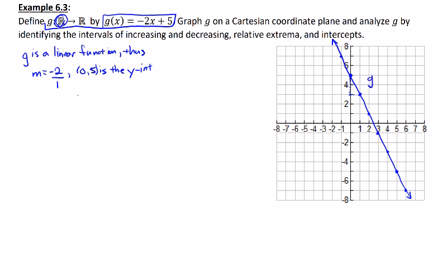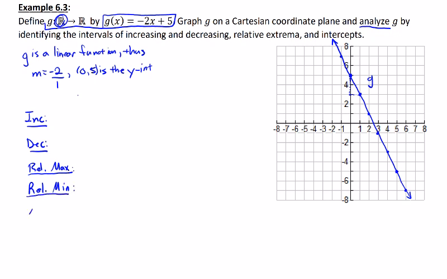So not only are we supposed to graph g on the Cartesian coordinate plane, but we're also supposed to analyze g by identifying the following things: intervals of increasing and decreasing, the relative extrema, that would be the relative maximum, as well as the relative minimum, and the intercepts.